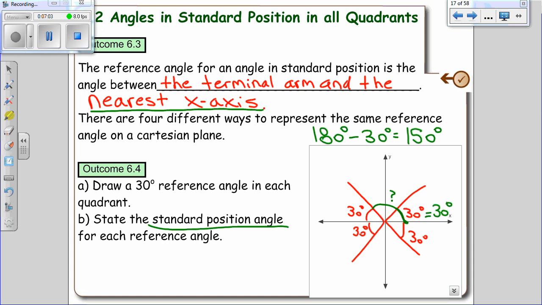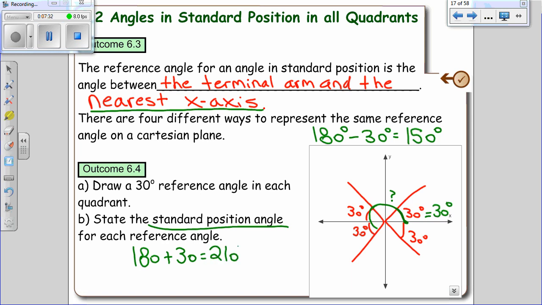Let's do quadrant 3 standard position angle. I start at my positive x-axis. I go all the way until I hit my terminal arm. Now I went all the way to 180, and I went an extra 30. So my new standard position angle for that one would be 180 plus 30, for 210 degrees.